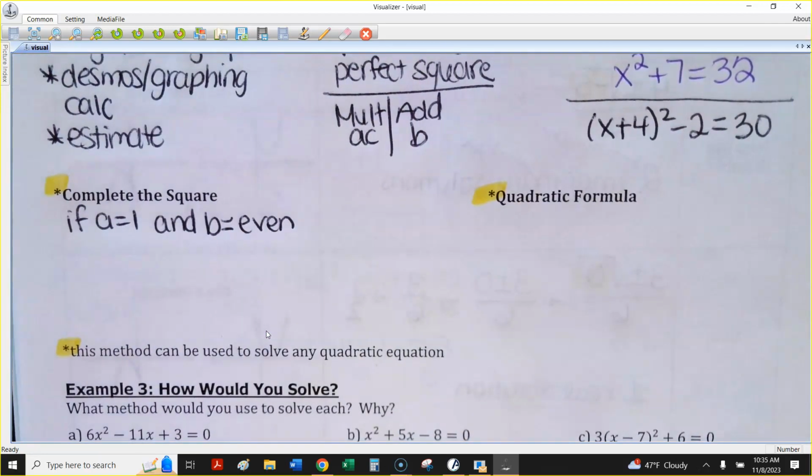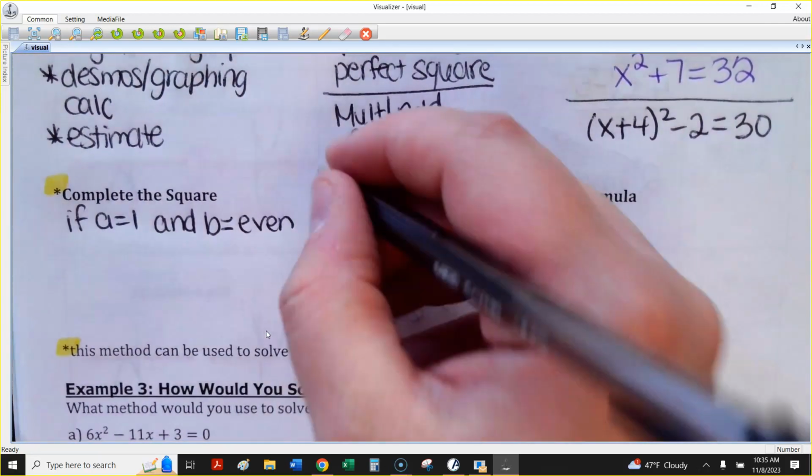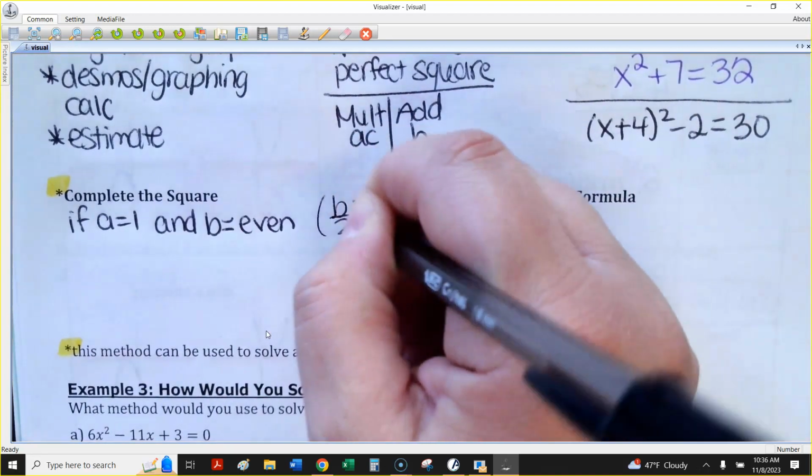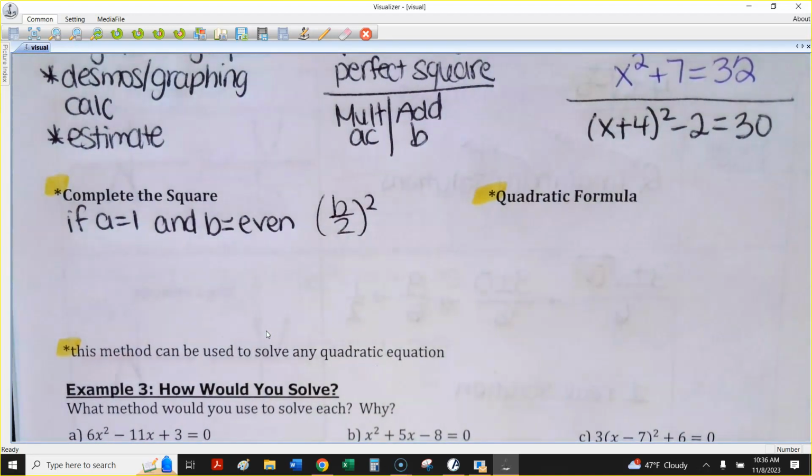Because if you do completing the square, you have to do the B value divided by 2 squared. So if that's an even number, when you divide that by 2 and square it, it'll be a nice number. It won't be a fraction that you have to work with. That would be the ideal time, I would say, to use completing the square. Technically, you can use it on any question, and if you don't mind the fractions, please do. But the best time to use that would be if your A value is 1 and your B value is even.